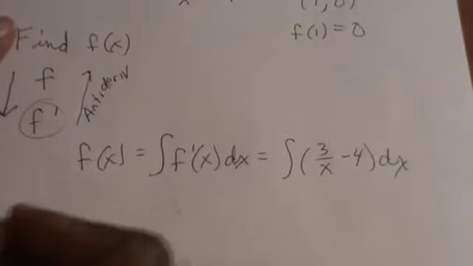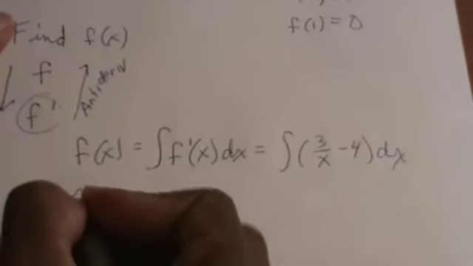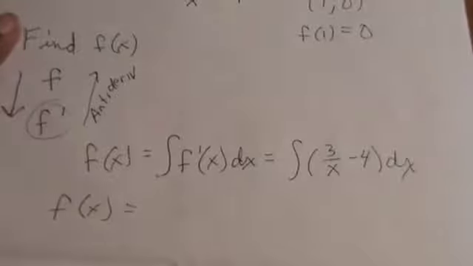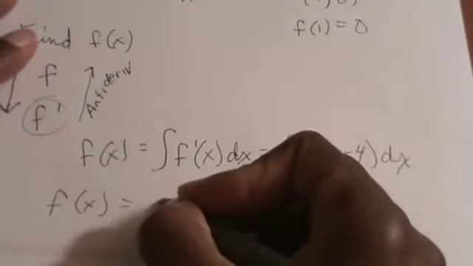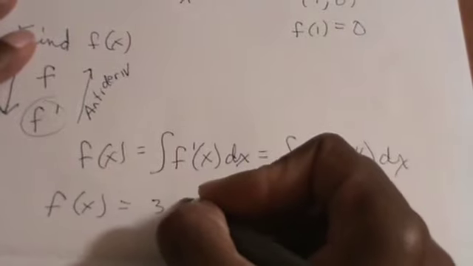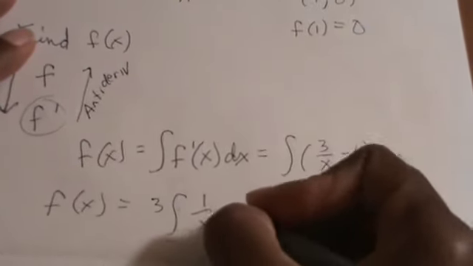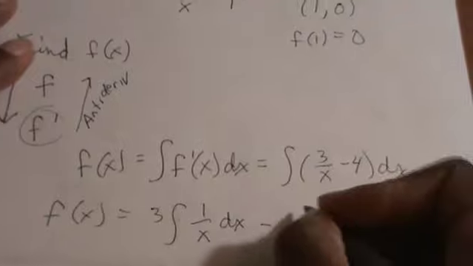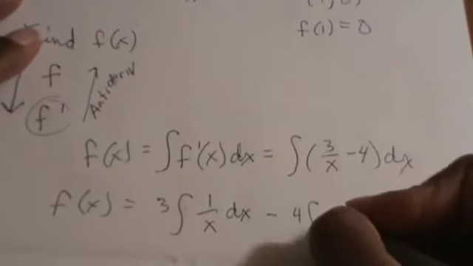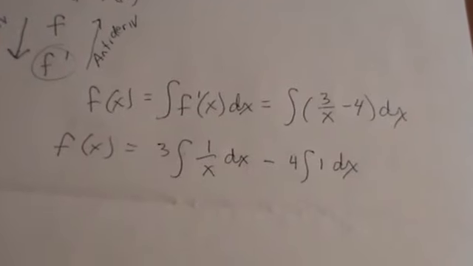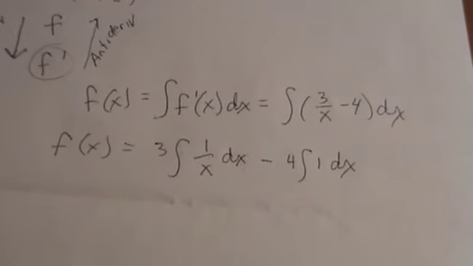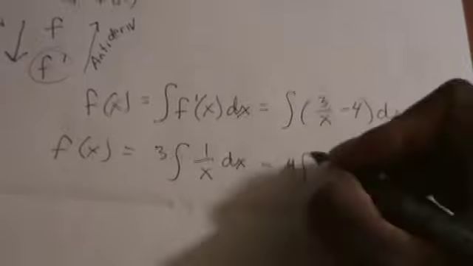All right, let's keep going. So then our function f of x is equal to, let me rewrite this. I'm going to do them one at a time. 3 times the antiderivative of 1 over x dx minus 4 times the antiderivative of 1 dx. Right? Notice I pulled out the coefficient so that I can more easily take the antiderivative.